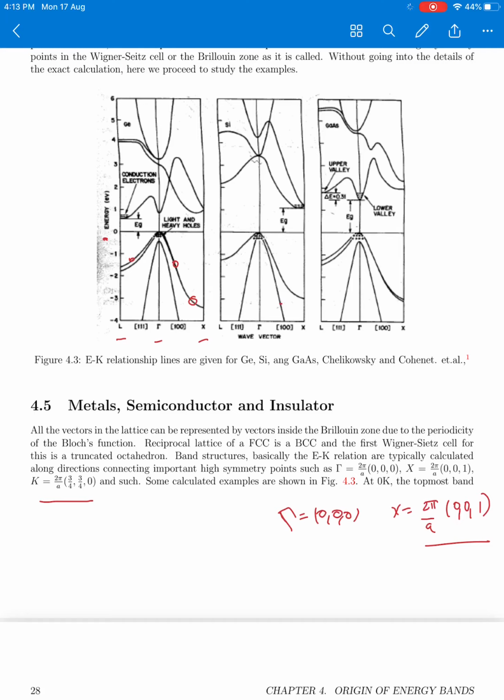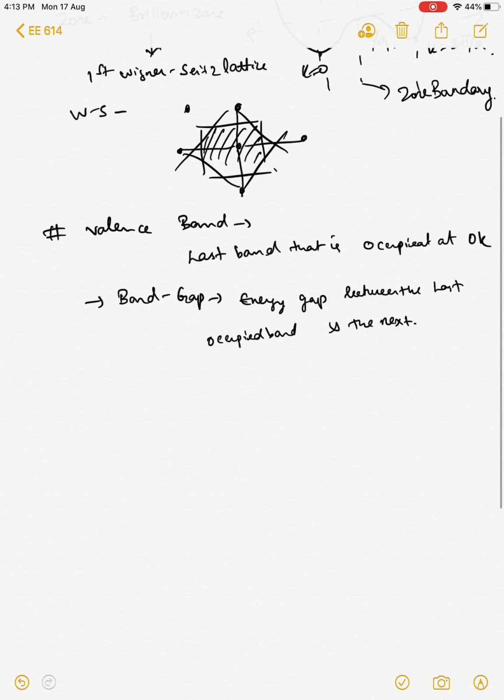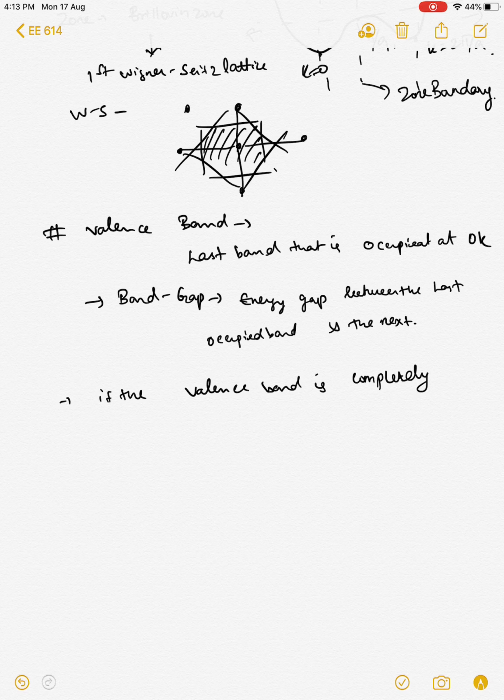So where does this distinction come from? Let's go back to this. If the valence band is completely occupied, it's either a semiconductor or an insulator.